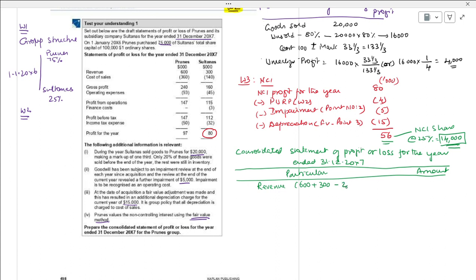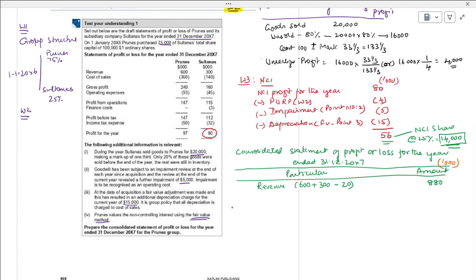This you have to remove, 20,000. We will remove 20,000 from the sales. We will remove 20,000 from the purchases also. 900 minus 20 comes to 880. Put thousands. Fine. Next.